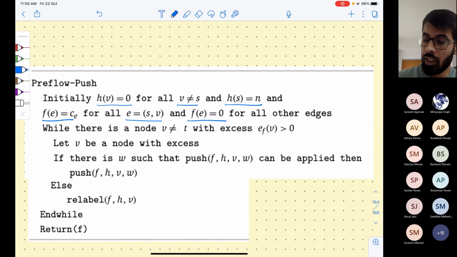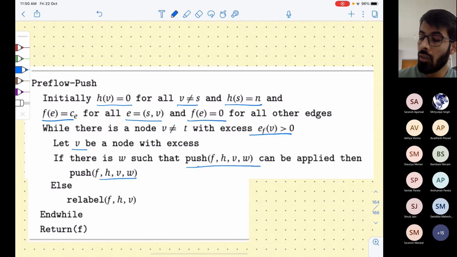This initialization condition we have seen, right? That's all. While there is a node V not equal to T with excess greater than 0, let V be that node. Now, if there is a W such that the push can be applied, then we push. Otherwise, we increase the height of V. And that's the algorithm.